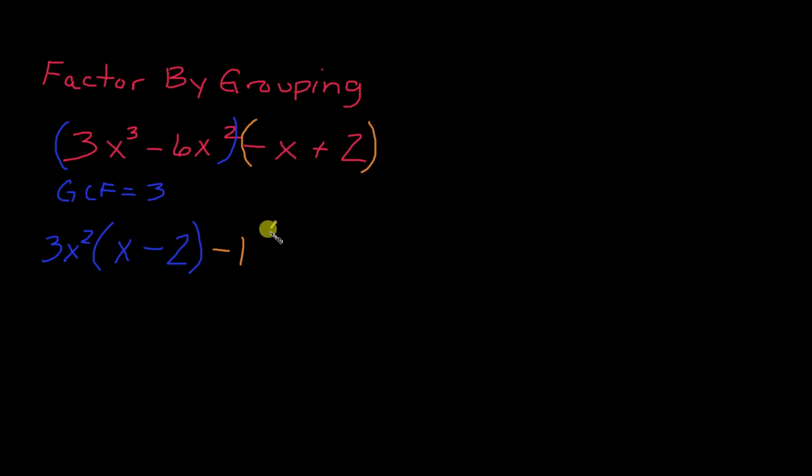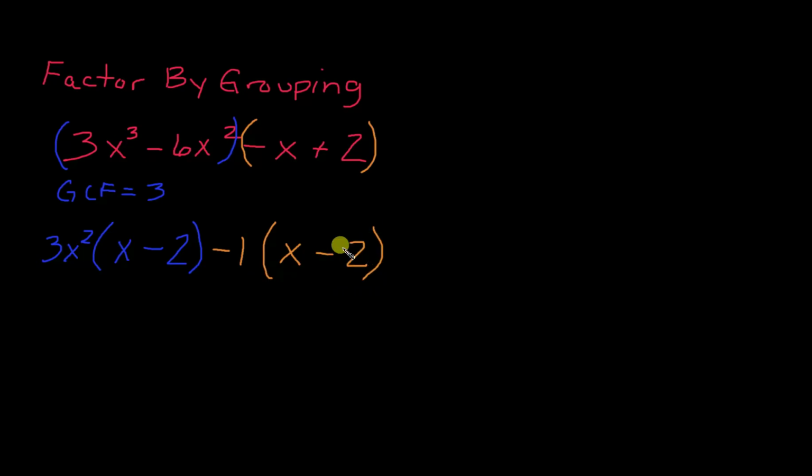If you pull negative 1 out, a negative divided by a negative is positive, and x divided by itself is just x. Now you have 2 divided by negative 1, which leaves us with negative 2.